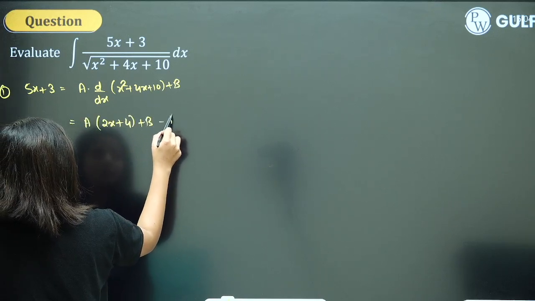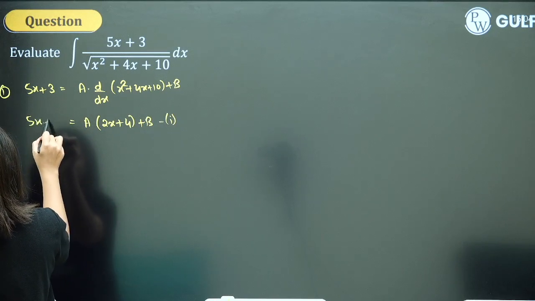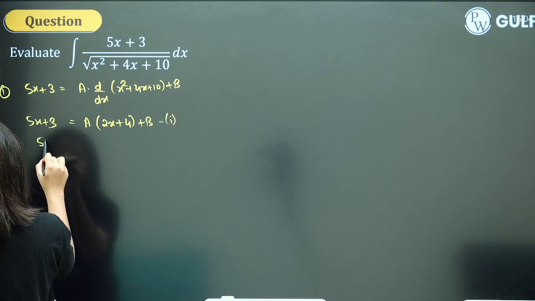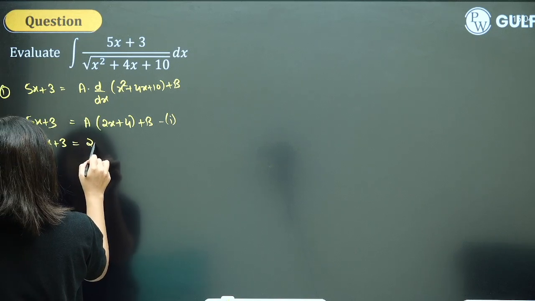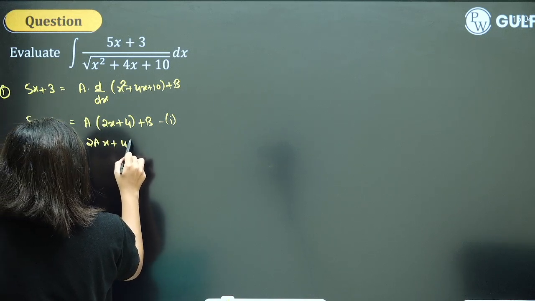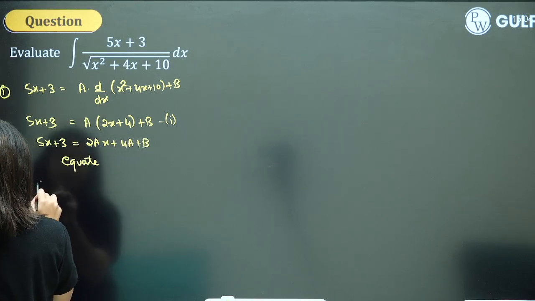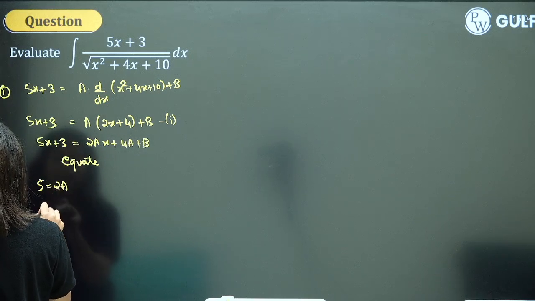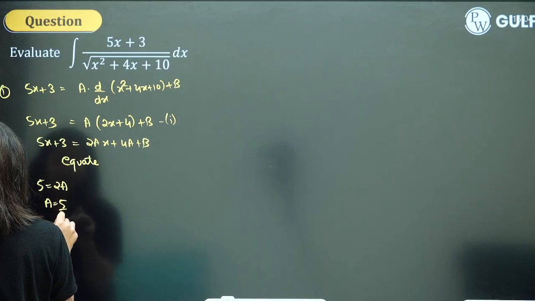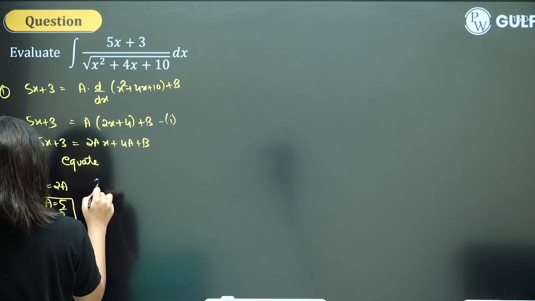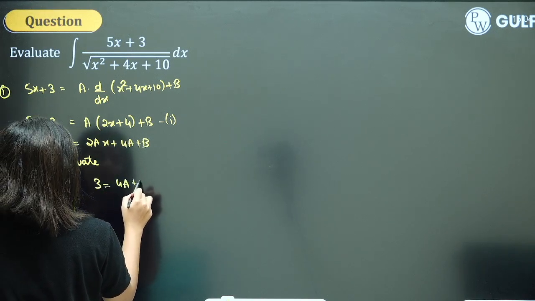This is my equation. Let's solve it and get the value of a and b. 2ax plus 4a plus b. Equate the LHS and RHS. 5 is equal to 2a, so a is equal to 5 by 2. And 3 is equal to 4a plus b.